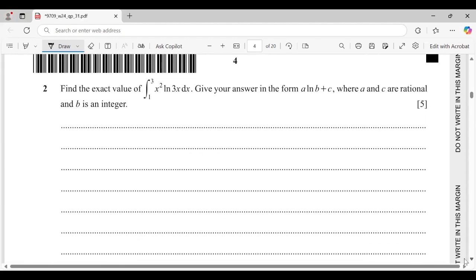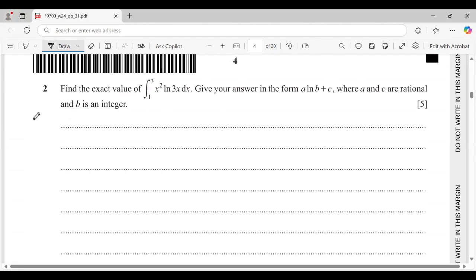Next question. Find the exact value of the integral from 1 to 3 of x squared ln 3x dx. Give your answer in the form a ln b plus c, where a and c are rational and b is an integer.